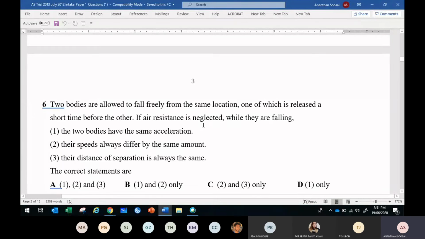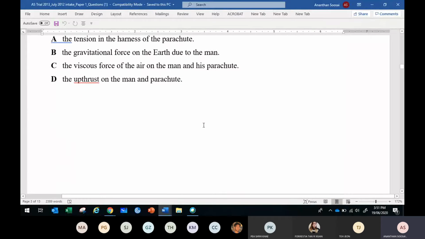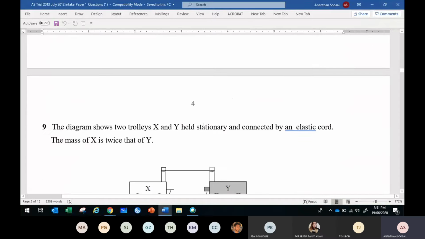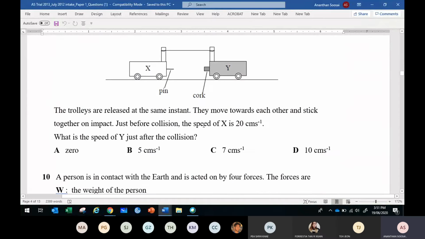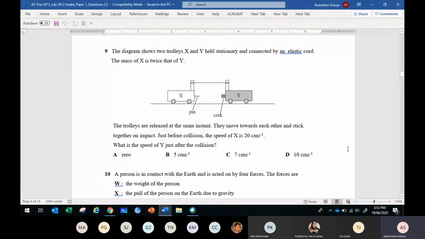We have done this paper. Okay, this question. Question 9. Give it a try. What's the answer?